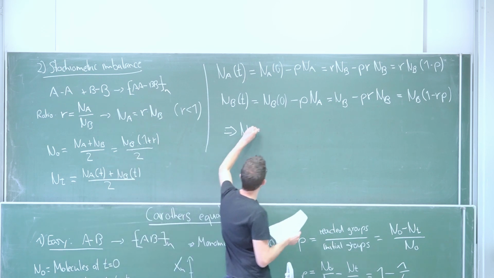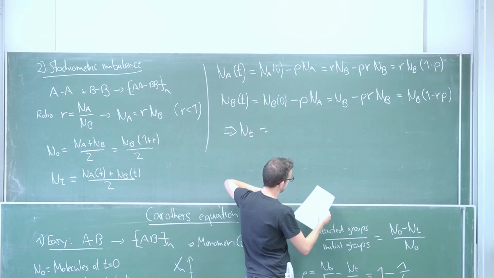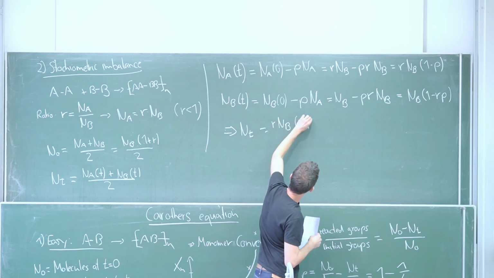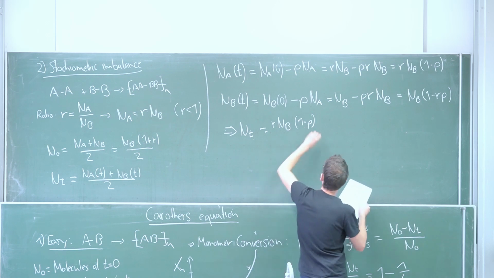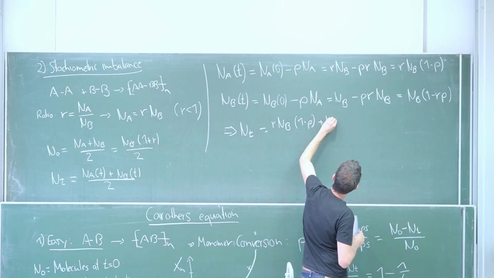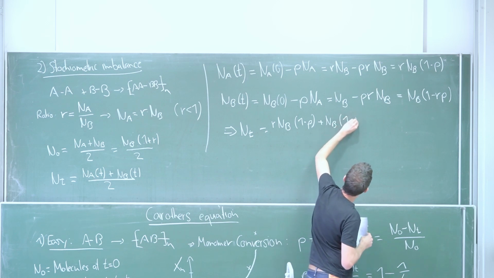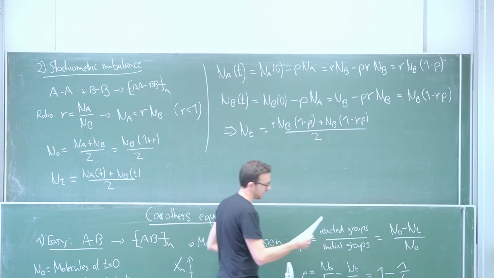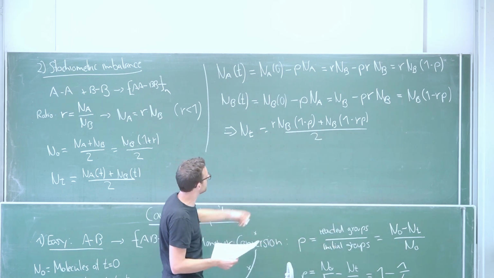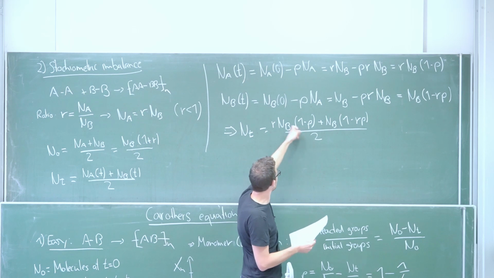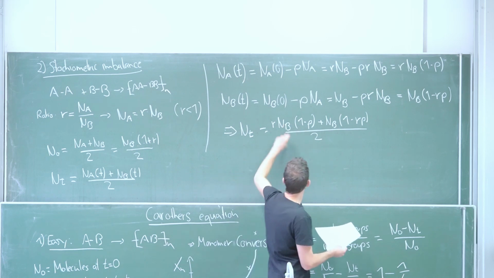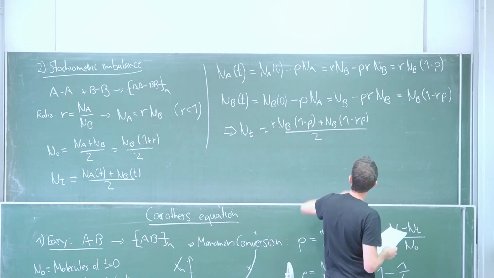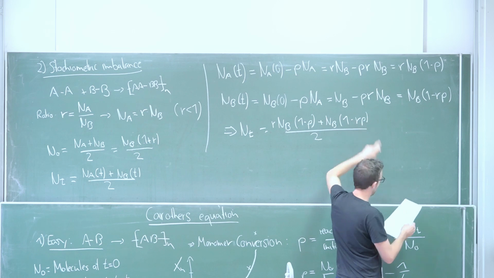So now we can put this in here. This would be R Nb times (1 minus P) plus Nb times (1 minus R P), divided by 2. And now we can make this expression a little bit easier. We can take the whole product. So we have Nb times (R minus R P) plus Nb times (1 minus R P).